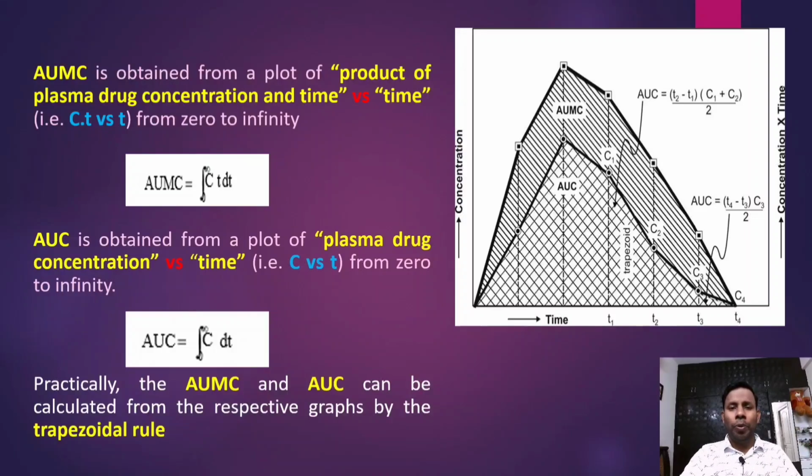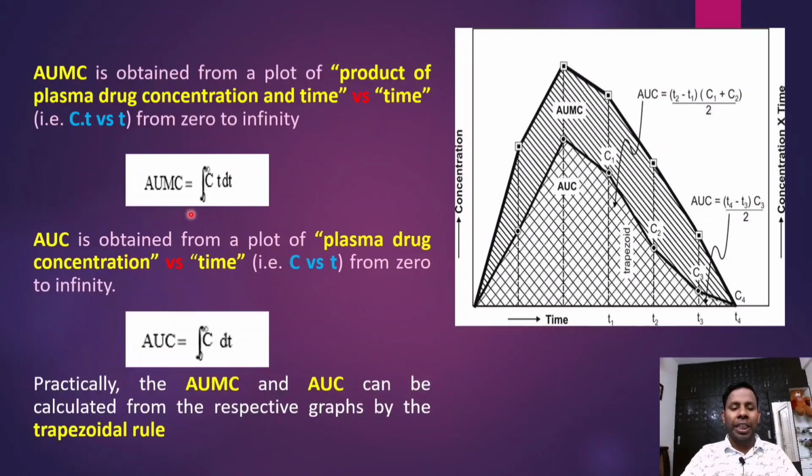So if we know what AUMC is and how much AUC is, we can easily get MRT. Generally, AUMC is obtained from a plot of the product of plasma drug concentration and time versus time, meaning the multiplication of C into T versus time from 0 to infinity.